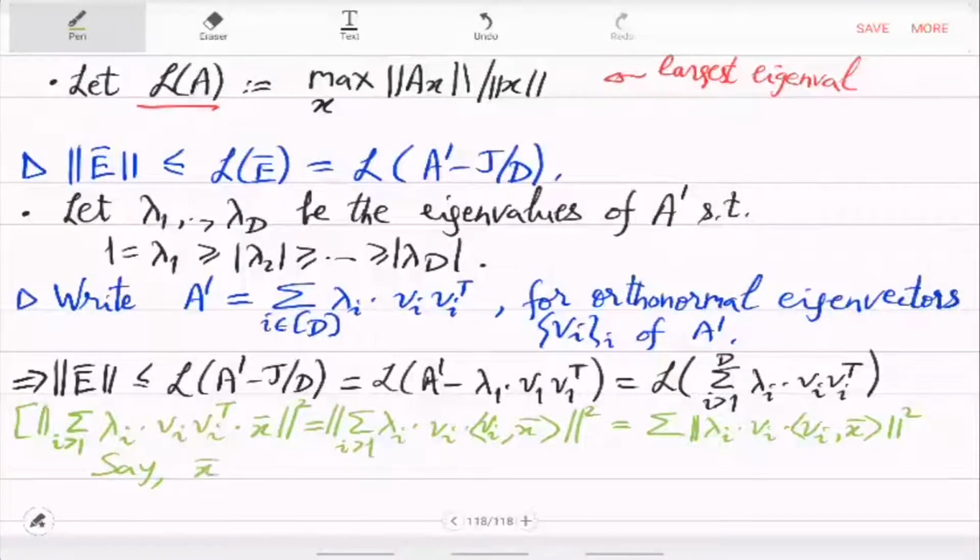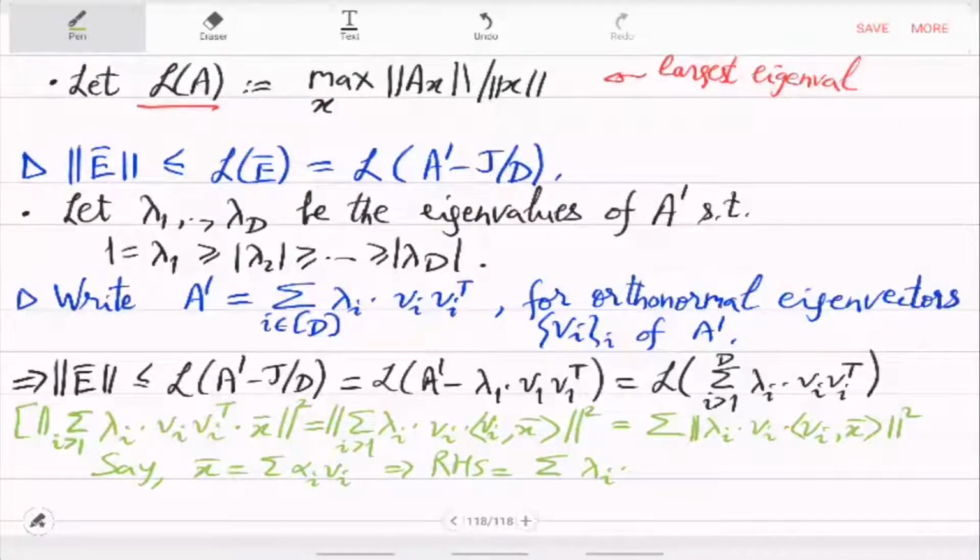So say x bar is the sum of alpha I vi, and when you do this, the above thing is the same as vi inner product x bar.